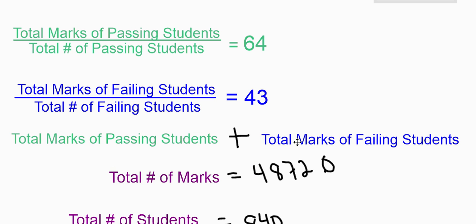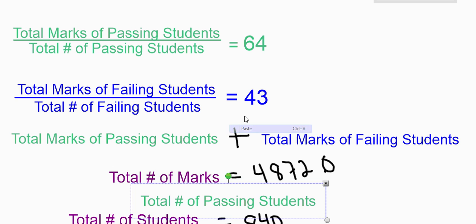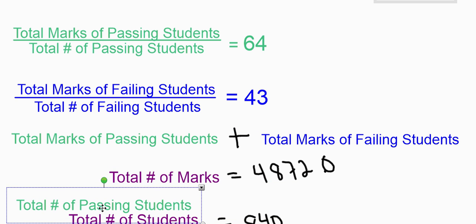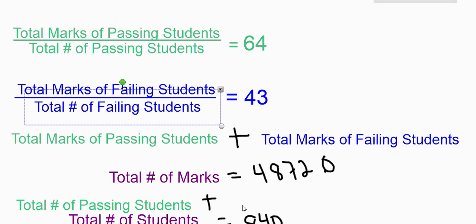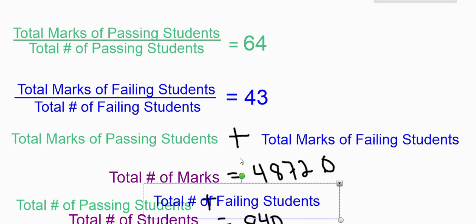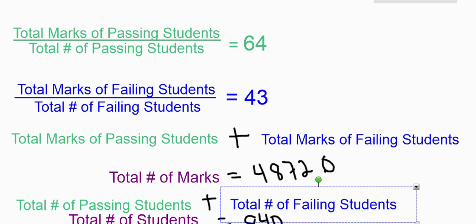So that means I can talk about the relationship between the total number of passing students and the total number of failing students. Similarly, if I were to take the total number of students who passed, so if I knew what this was, and I don't, but let's pretend I did, and I were to add to it the total number of students who failed, then I would have 840.